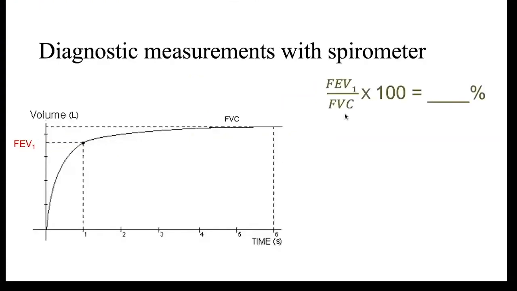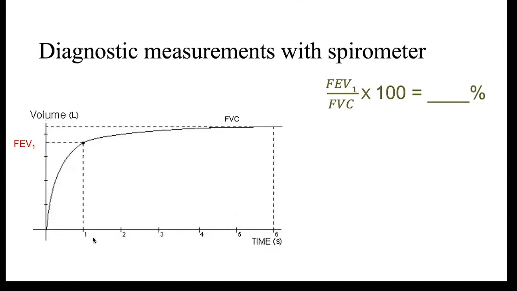In order to do a calculation and determine pulmonary function, you will first have to determine FVC. What you're going to do is take your graph and look at the curve and notice where it levels off. When you find where it levels off, you're going to draw a line over to the y-axis, and that will be your FVC.